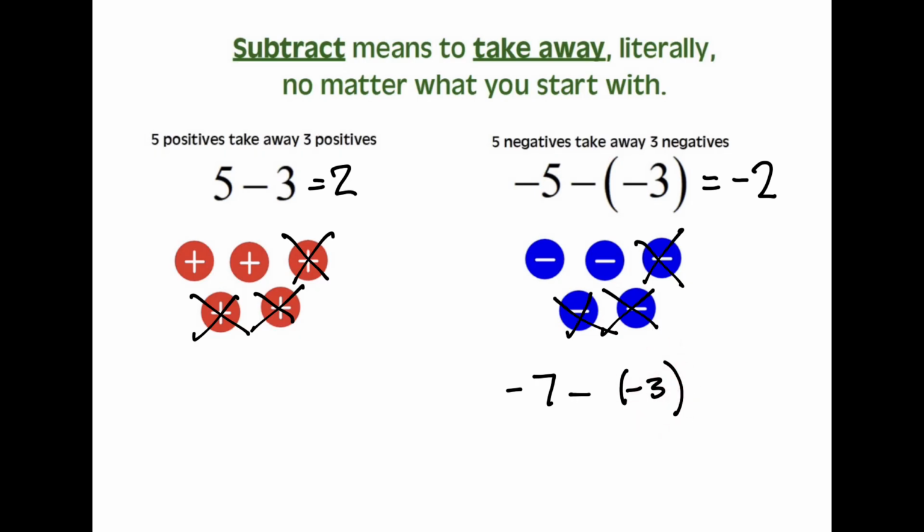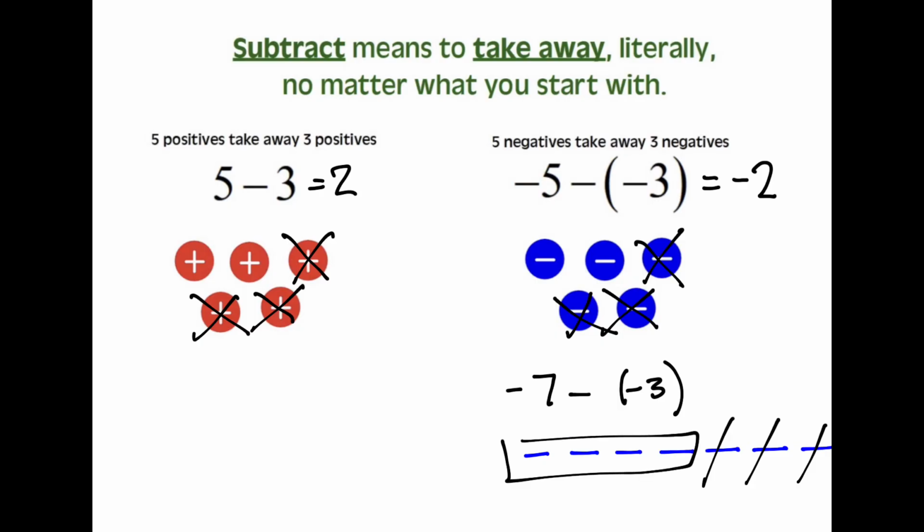I'm not going to draw the circles and stuff, but here we go. 1, 2, 3, 4, 5, 6, 7 negatives, and I want to take away 3 negatives. So 1, 2, 3, and I'm left with 4 negatives. So draw it out at first if you have to. The problem is when you get big numbers, so we'll learn how to do it without drawing it in just a minute.